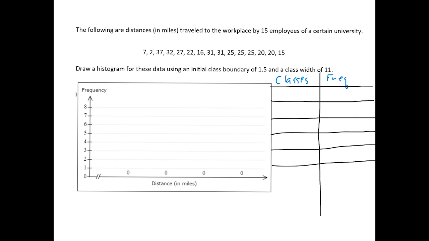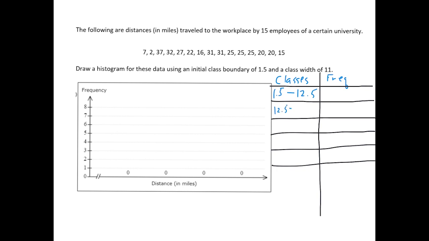In the first class, we're told that the initial class boundary is 1.5 and the class width is 11. So I add 11 to 1.5 to get 12.5. So the next class, technically these are the class limits, is going to be 12.5.